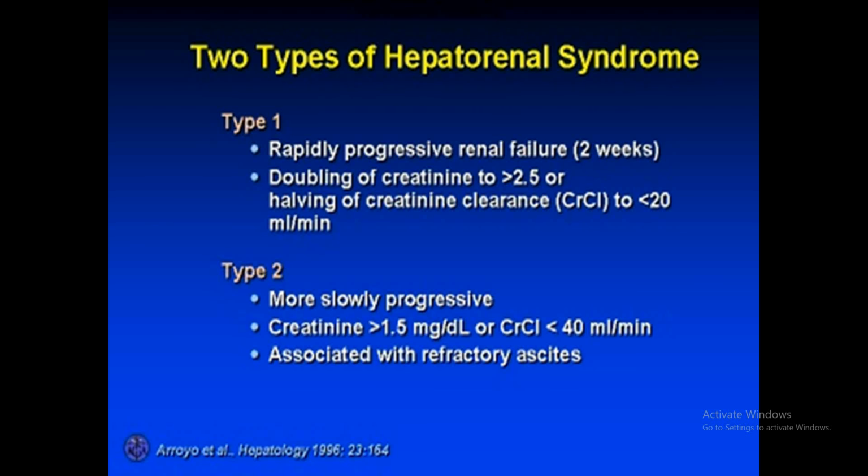The other thing is that the creatinine level is increased. Creatinine clearance is reduced to less than 40 or less than 20 milliliters per minute. And these are the essential diagnostic features of hepatorenal syndrome.